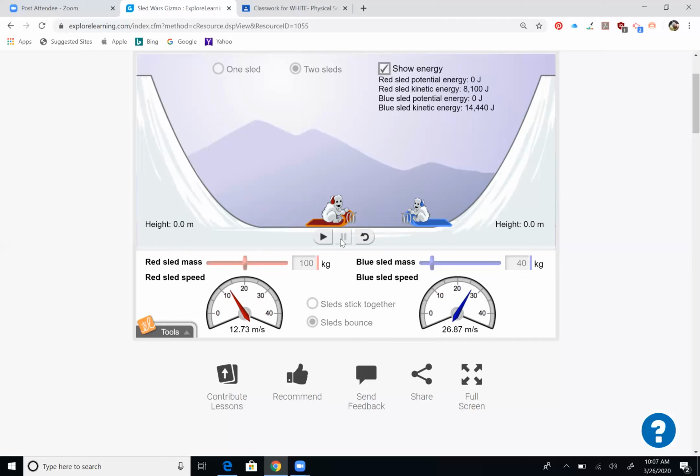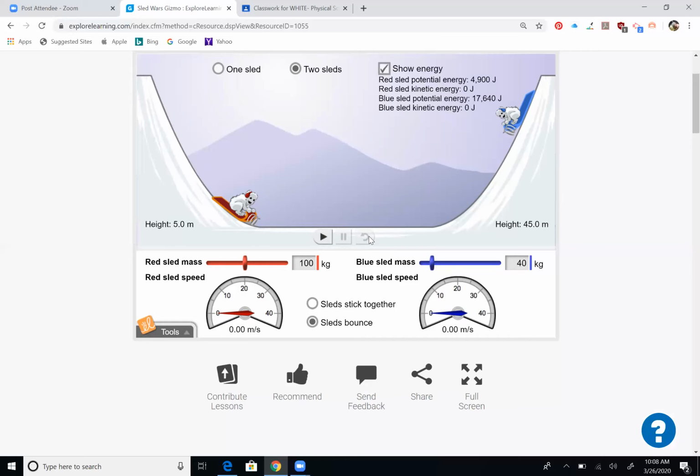All right, extension. Click reset. Without changing any sled's masses or heights, record the potential and kinetic energy of each sled and find the total energy. Before collision, we have the red potential energy.